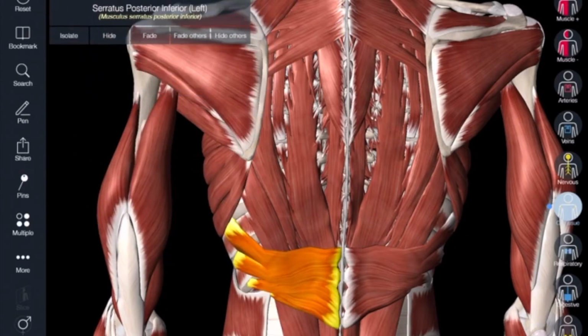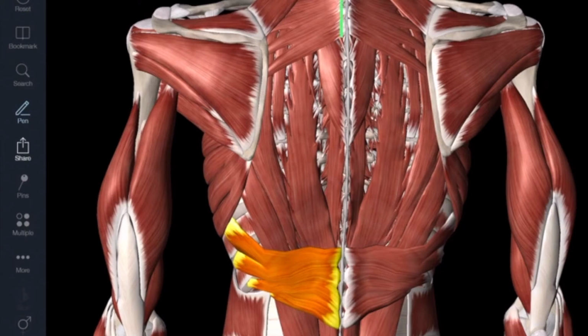These muscles attach to the spinous processes. I am just going to find them in the book real quick so I can tell you exactly which spinous processes they attach to. Serratus posterior superior attaches to the spinous processes of C7 through T3, in through here.